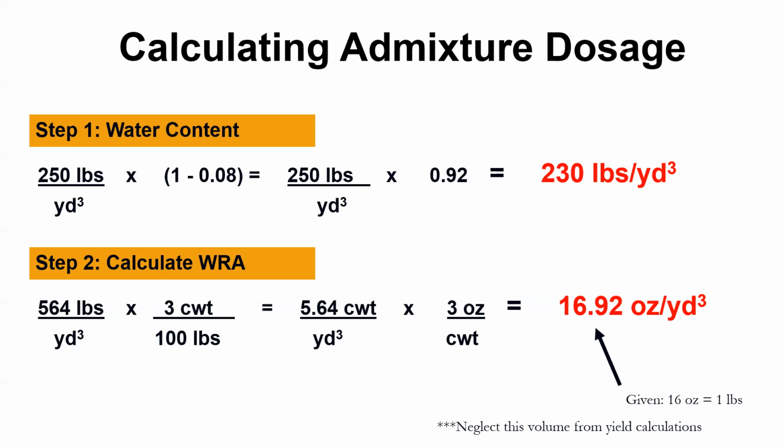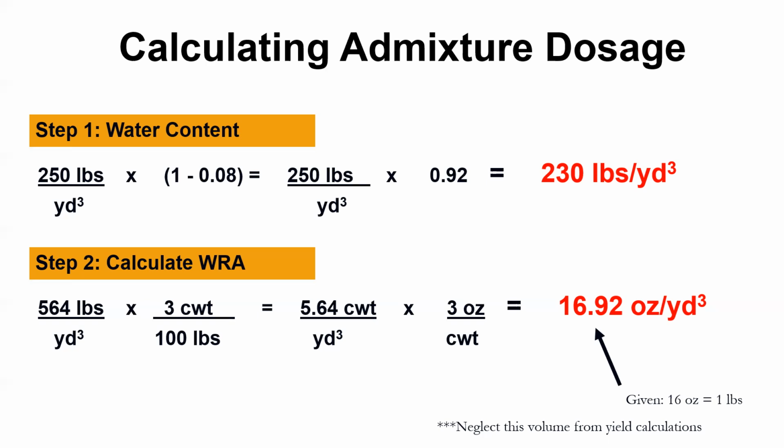It's important to realize 16 ounces for this admixture is about a pound. So like I said, for this water reducer, it's pretty close to 1 pound is what it's going to equal, which is extremely low volume.